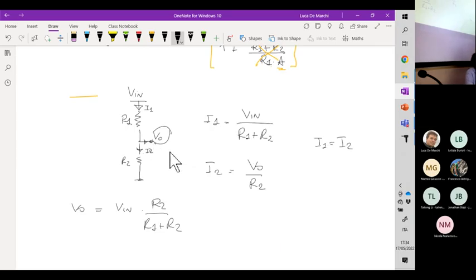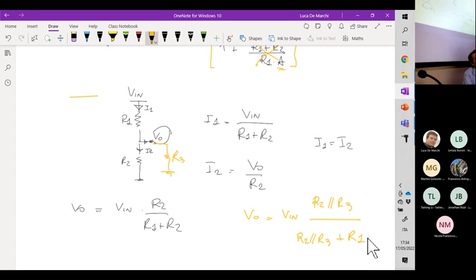So the problem is that if you add a finite resistance here, let's say R3, then you can check it, but the V out over V in relationship is totally different. In the orange case, V out will be V input times R2 parallel R3 divided by R2 parallel R3 plus R1.